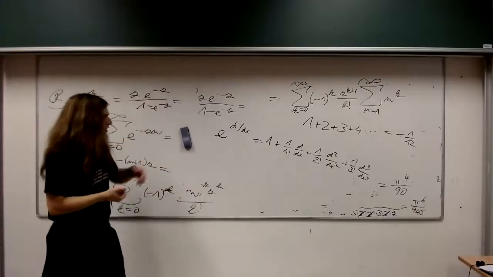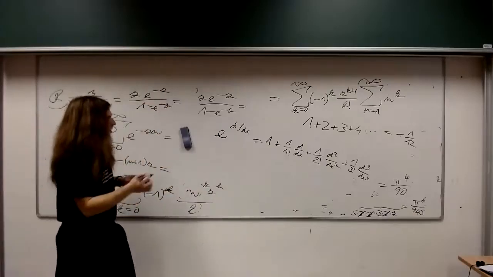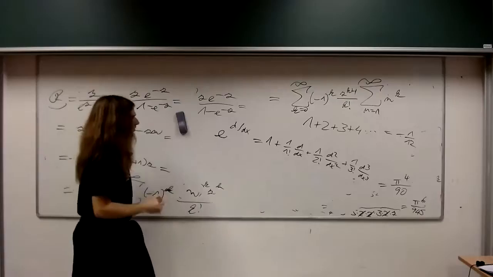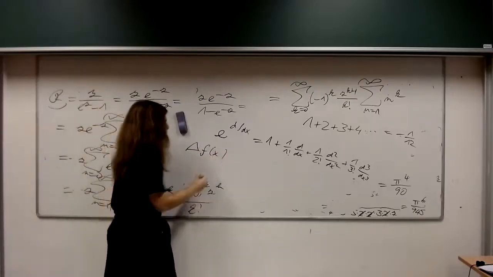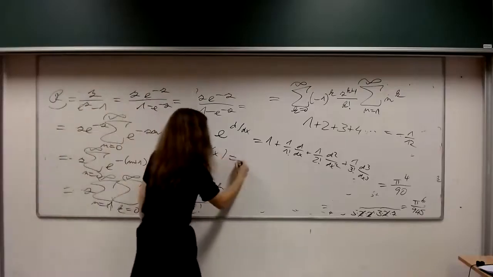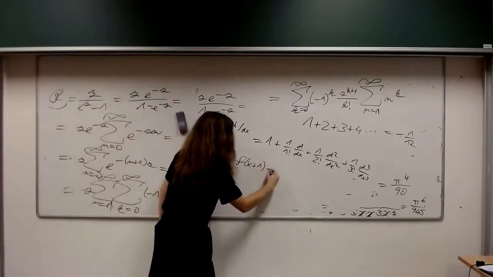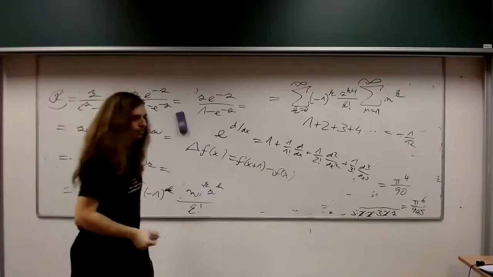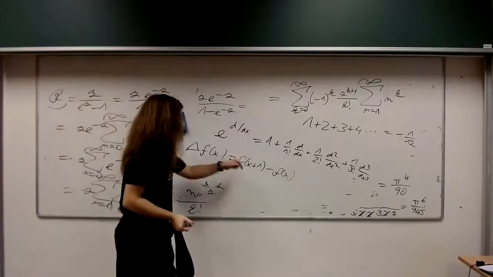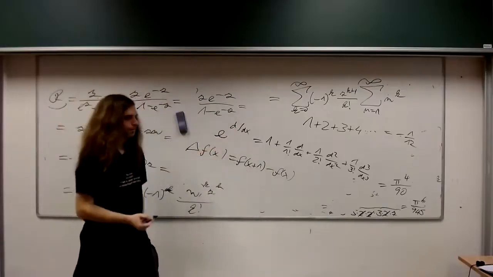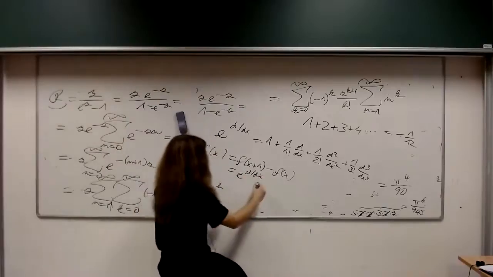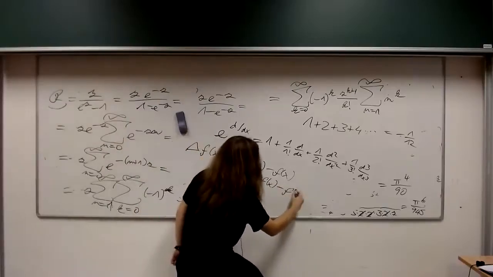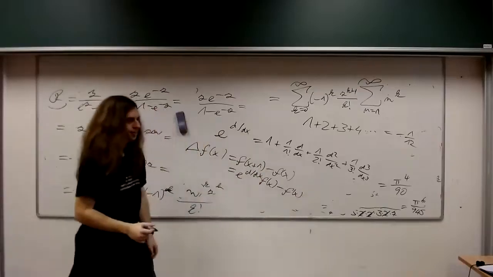But when we have this, then we can also write a finite difference. We know that it's f(x+1) minus f(x). But we can write f(x+1) with the use of this operator. So we have this acting on the function minus the function itself.